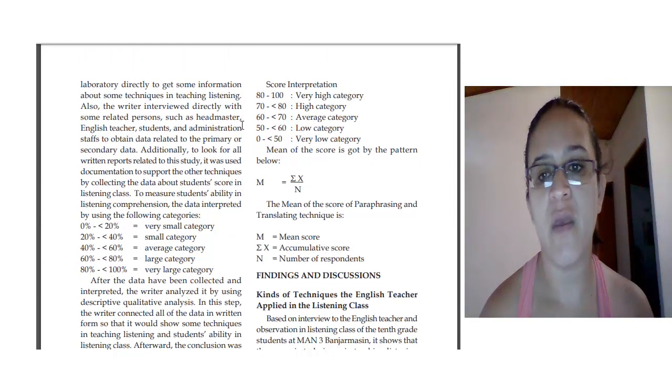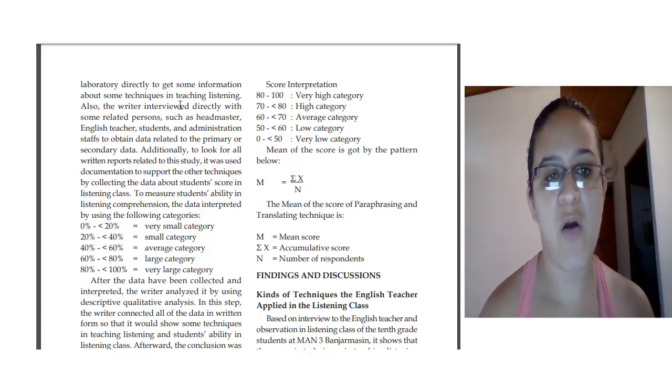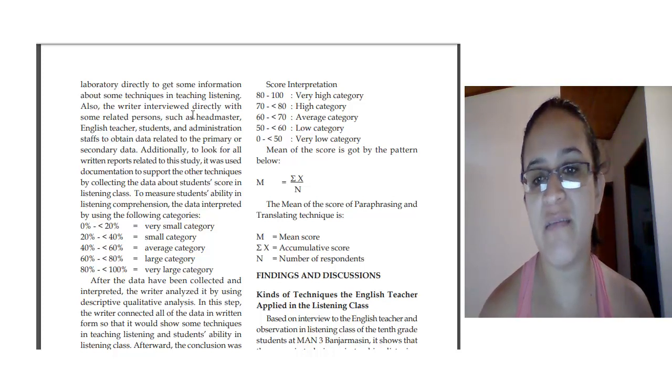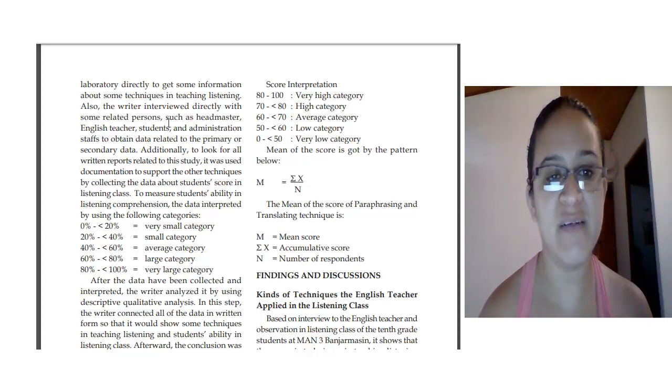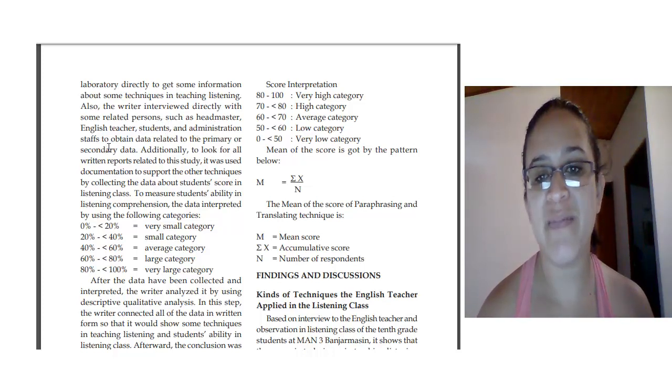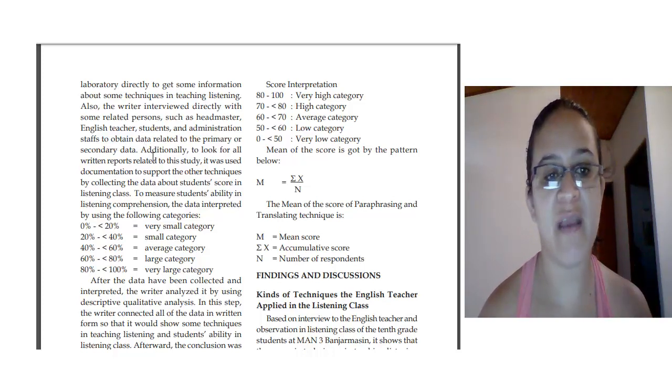Then about the interview, the writer mentioned, the writer interviewed directly the people such as headmaster, English teacher, students, and administration staff to obtain data related to the primary or secondary data.